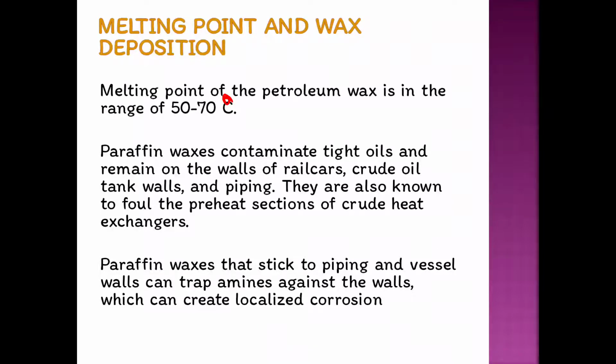They are also known to foul the preheat sections of crude heat exchangers. Okay, and paraffin waxes that stick to piping and vessel walls can trap amines against the walls, which can create localized corrosion. So if we know the melting point, we can have a better application, we can easily clean them. So that's why we find melting point.